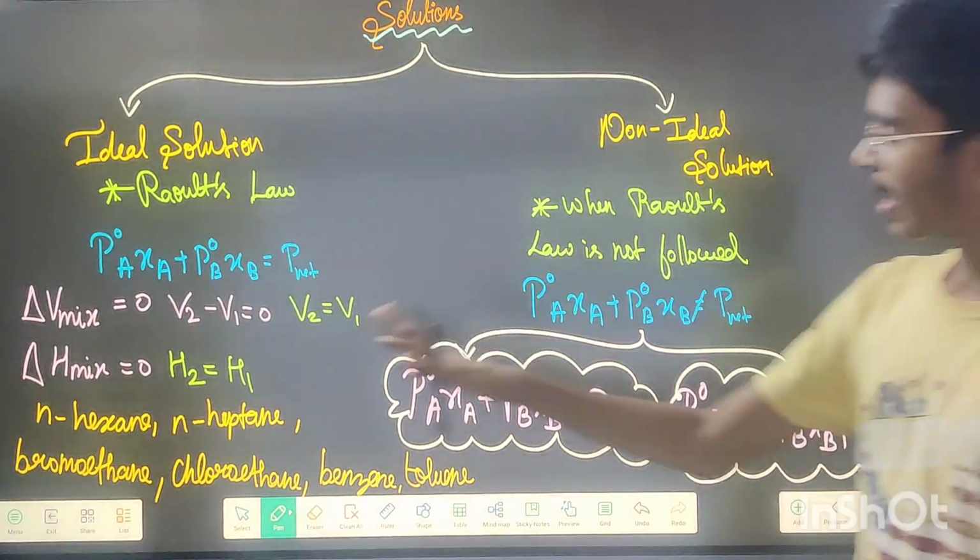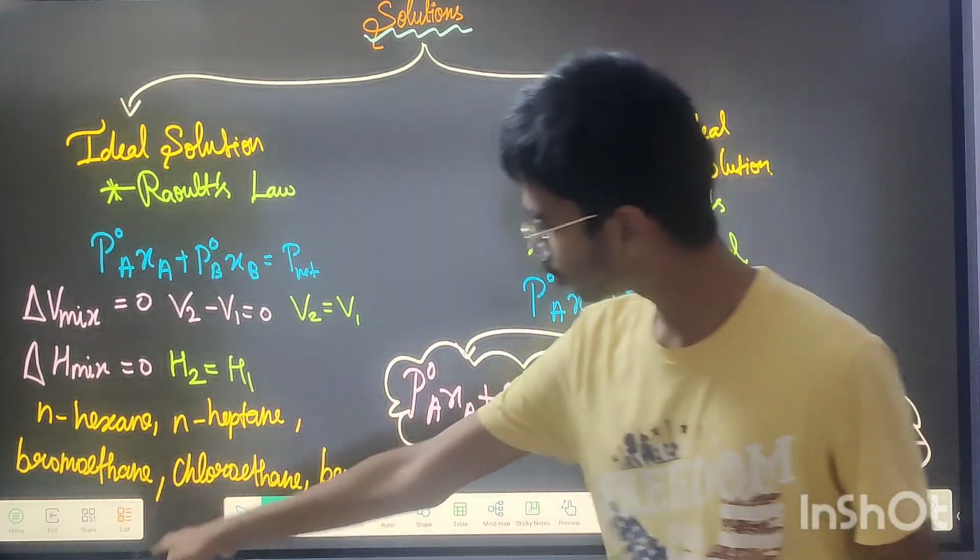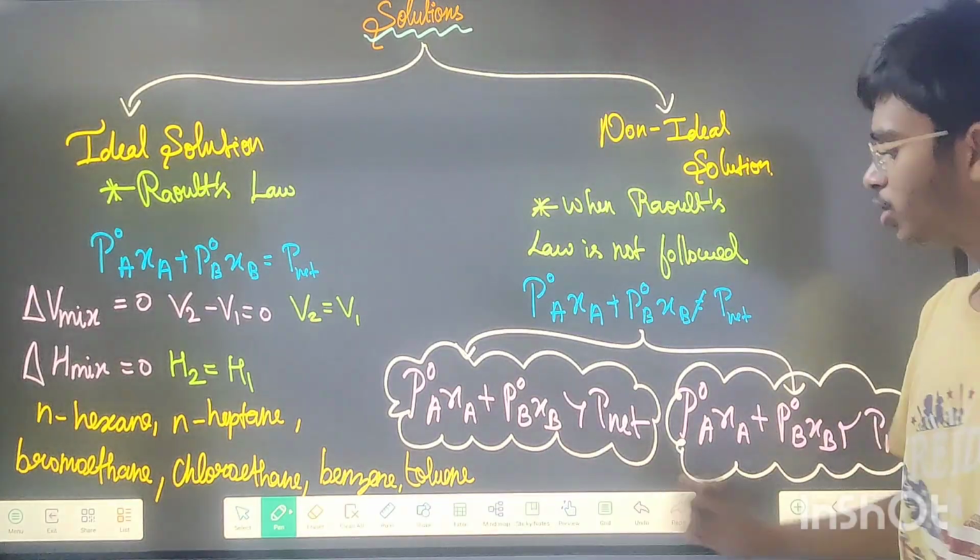So these are N-hexane, N-heptane, bromoethane, chloroethane, benzene, toluene.